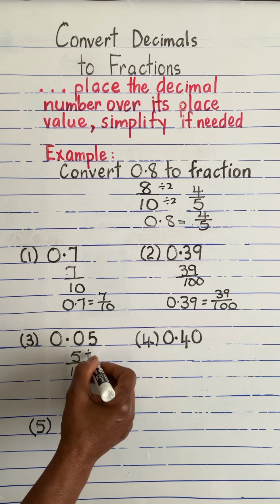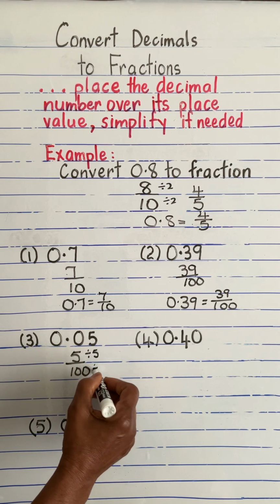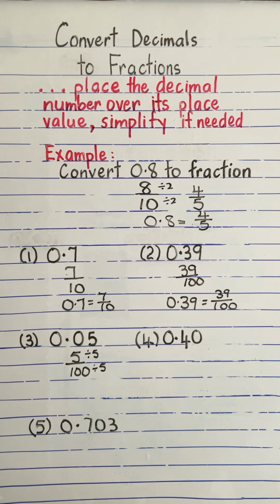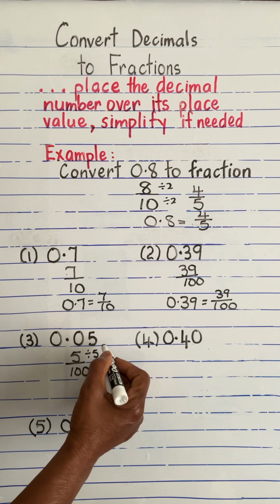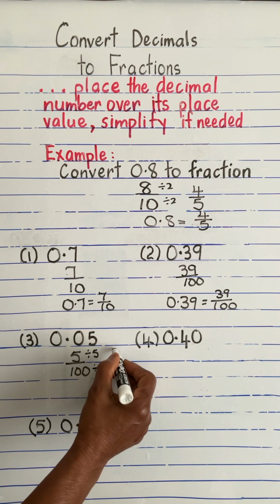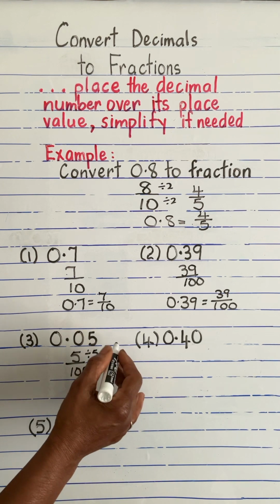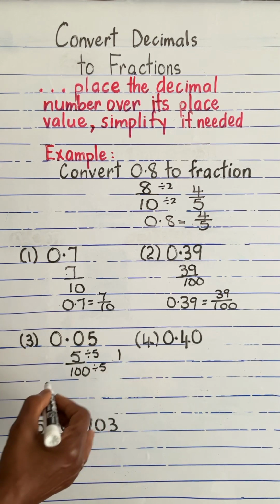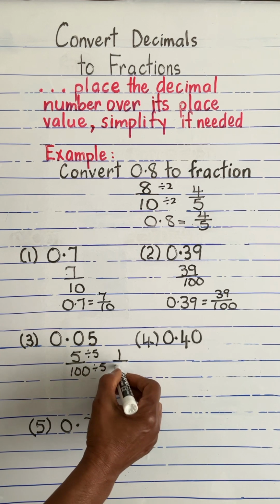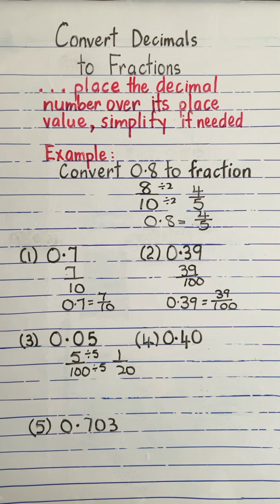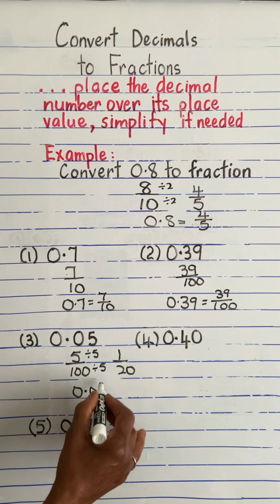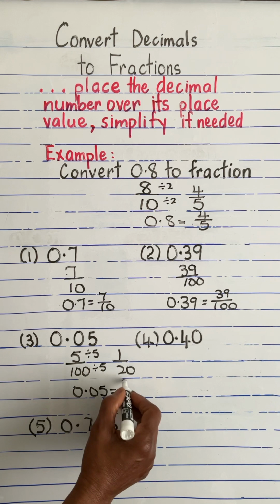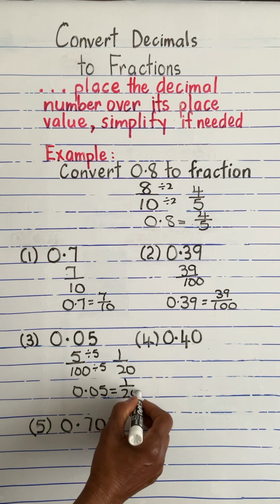So we're going to divide by 5. 5 divided by 5 is 1, and 100 divided by 5 is 20. So 0.05 is equal to 1 over 20.